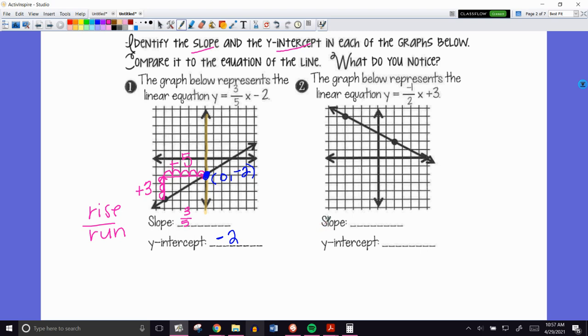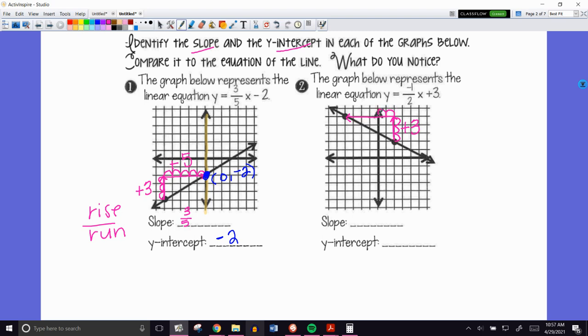So I'm going to do my rise over run. And again, I'm just going to draw my right triangle, use those arrows to help me determine my slope. And I'm going 1, 2, 3 in the up direction. So that's going to be a positive 3.